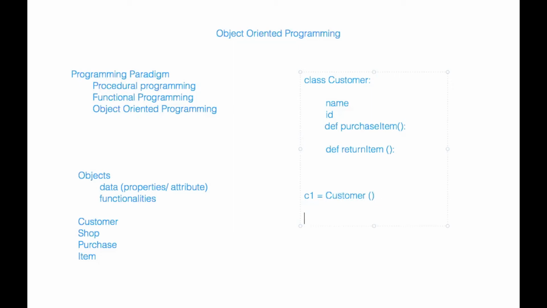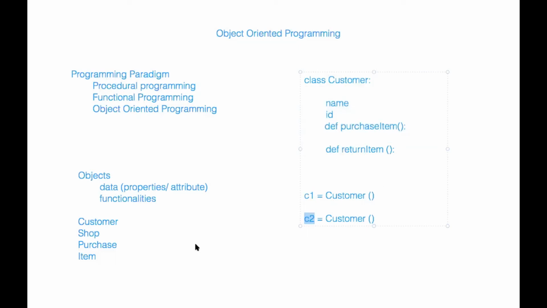C2 equal to customer. This is another customer. Like this we can create as many customers as we need for our requirement. So class is a definition of an object, and an object is an instance of a class. It's a blueprint or definition, and this is the actual object.